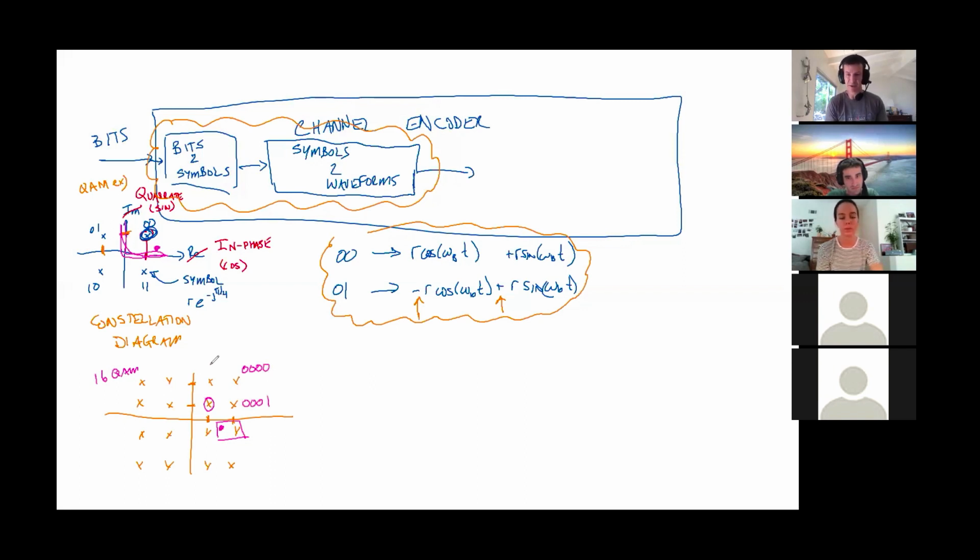I could count from 0 to 15 because I have 16 x's here. So I could map a sequence of 4 bits to every symbol. Yeah, if you chose to map all of them in each quadrant back to 2 bits, then I don't think you'd be coming out any further ahead than if you just did regular 4-QAM.